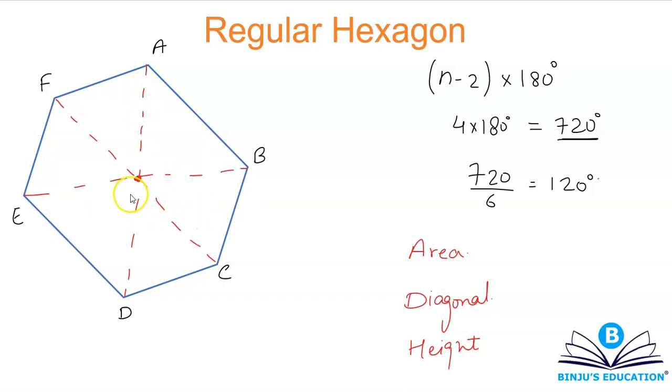Okay, these are the three diagonals. If you want to know what exactly the height is, that's like connecting the adjacent vertices. For example, I can connect A with E. You can connect B with D also, you can connect A with C also, but I hope you have got the point. Okay, so these are the three things which you need to calculate.